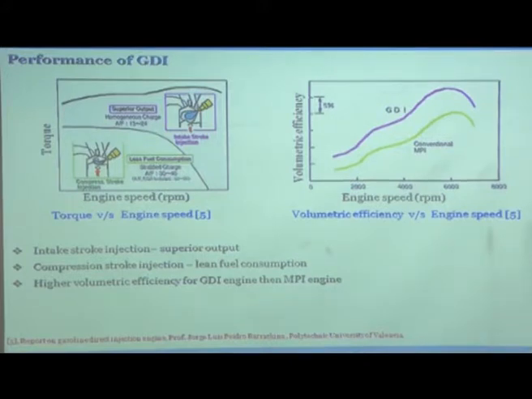What else do you want? Excellent, isn't it? So, intake stroke injection gives you superior output, compression stroke gives you lean fuel consumption, and higher volumetric efficiency of GDI engine than MPFI engine also gives you greater power output. So, that is a positive sign.